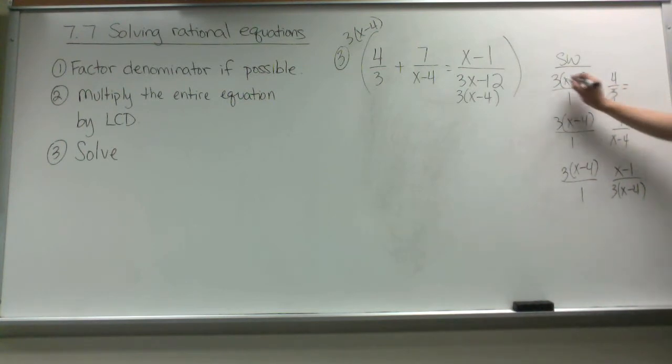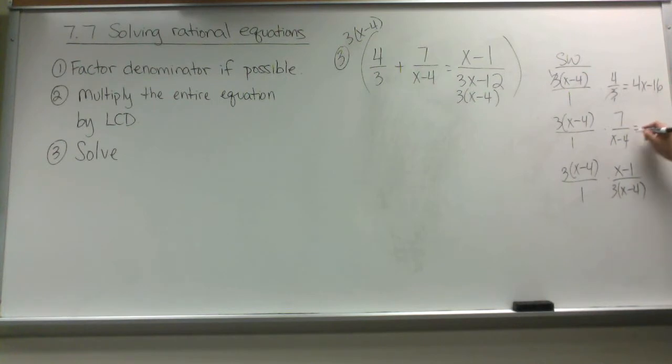The first one, the 3 is divided out, and we're left with 4x minus 16. In the second one, the x minus 4 is divided out. We're left with 21. And this divides out with that, and we are left with x minus 1.